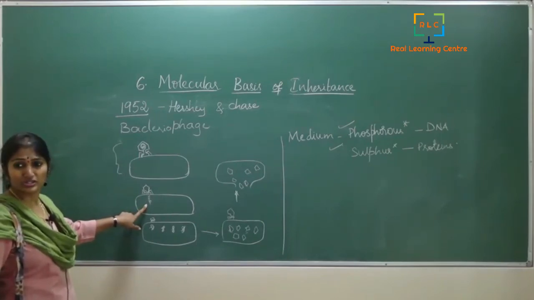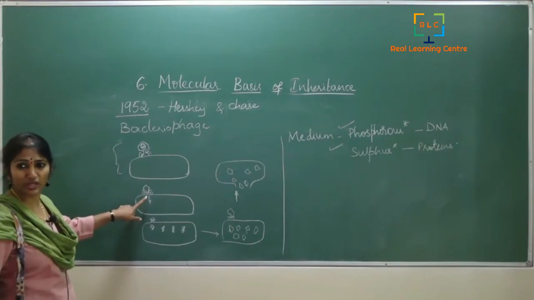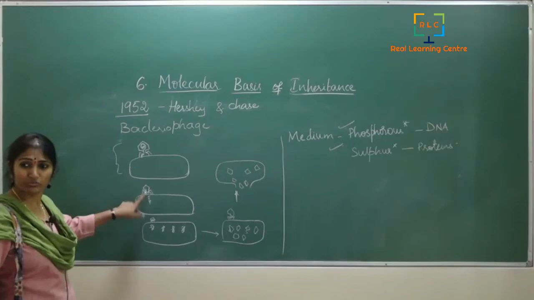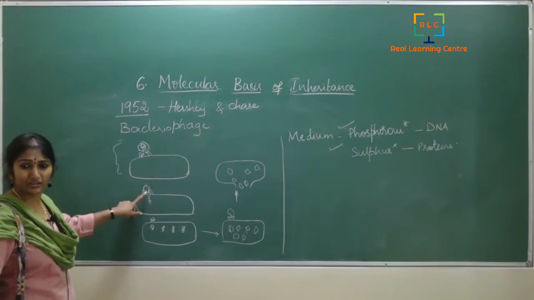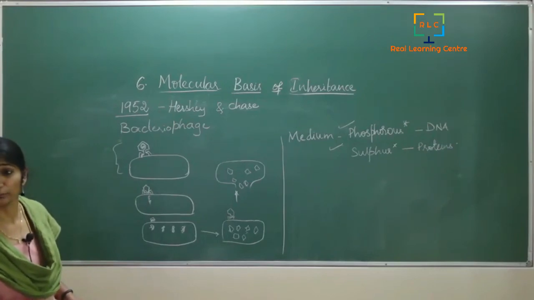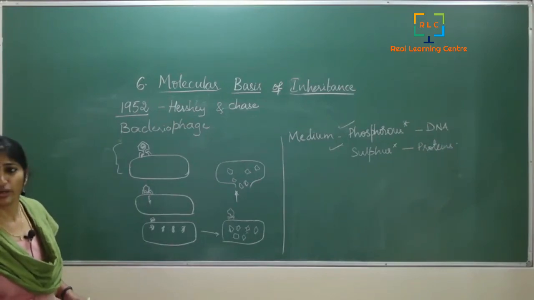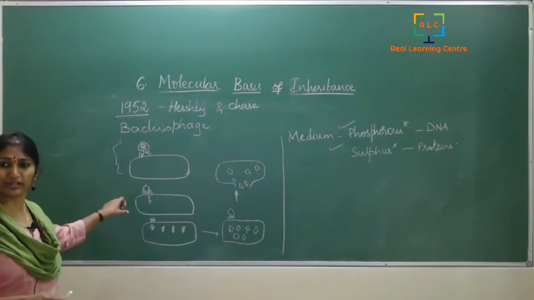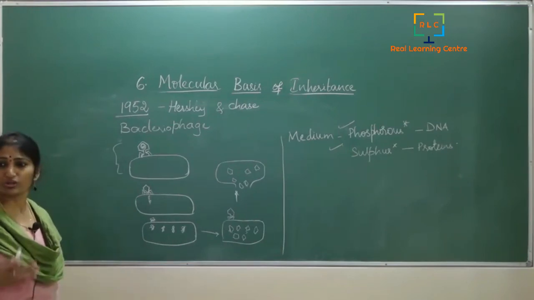So you see that as soon as the infection proceeded, the viral coats were removed, and they were agitating them in a blender. Now these virus particles were separated from the bacteria, and we wanted to see how it would look. Okay.